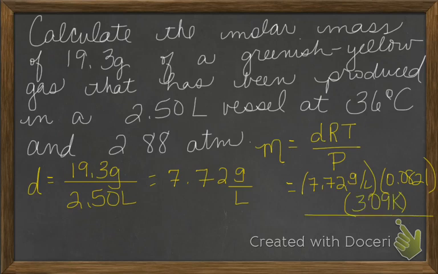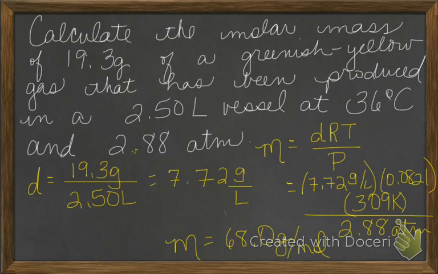Okay, all those are multiplied together, divided by a pressure of 2.88 atmospheres. And that will give us that the molar mass of this gas is 68.0 grams per mole.